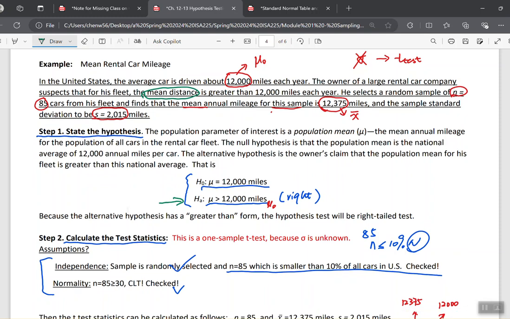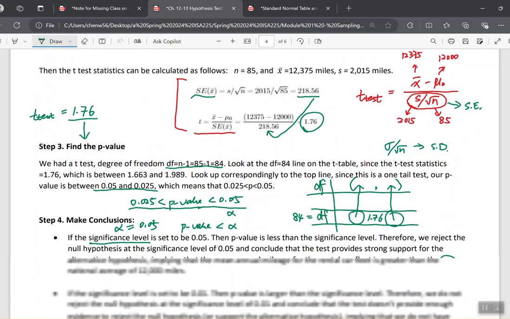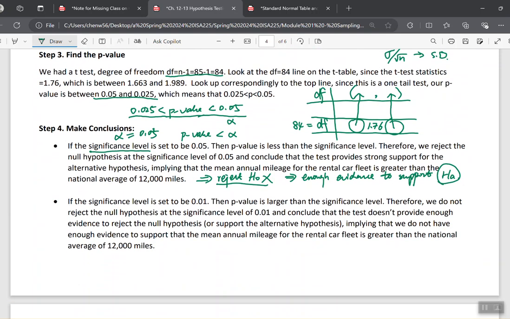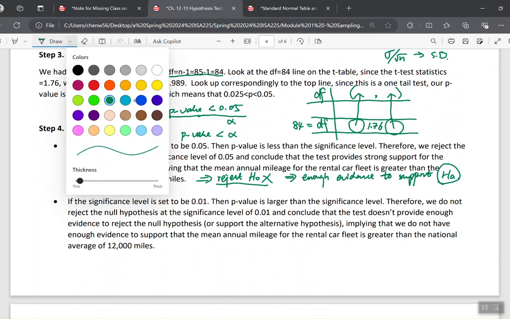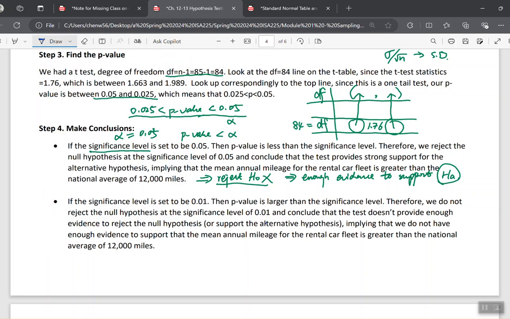Okay, so combine them together. What is our conclusion? That means our mean annual mileage for the rental car fleet is truly greater than the national average of 12,000 miles. All right.